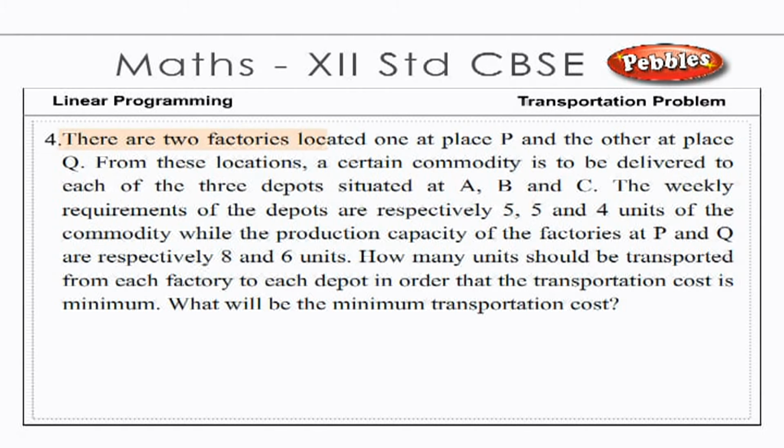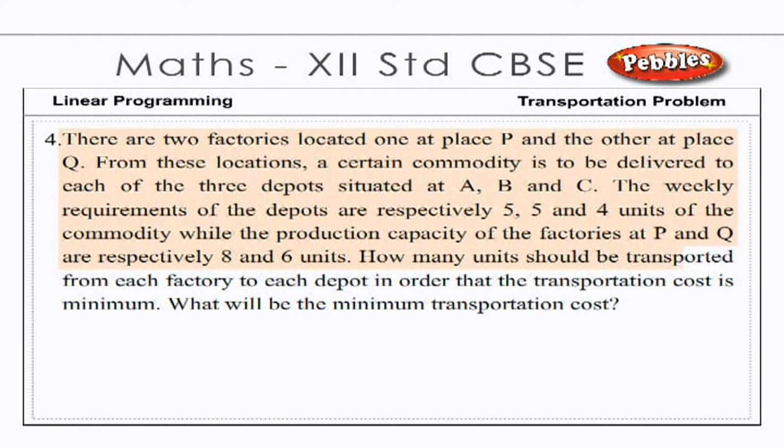There are two factories located, one at place P and the other at place Q. From these locations, a certain commodity is to be delivered to each of the three depots situated at A, B and C. The weekly requirements of the depots are respectively 5, 5 and 4 units of the commodity, while the production capacity of the factories at P and Q are respectively 8 and 6 units.